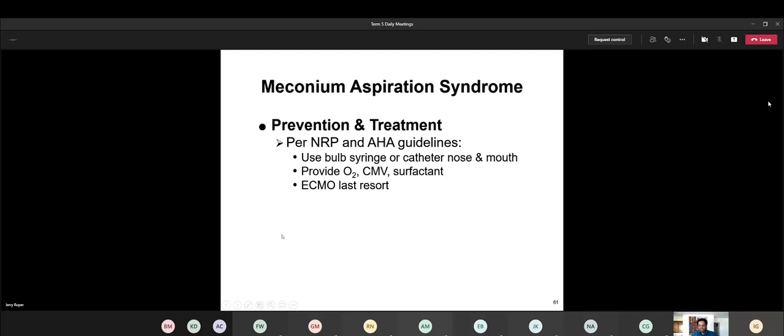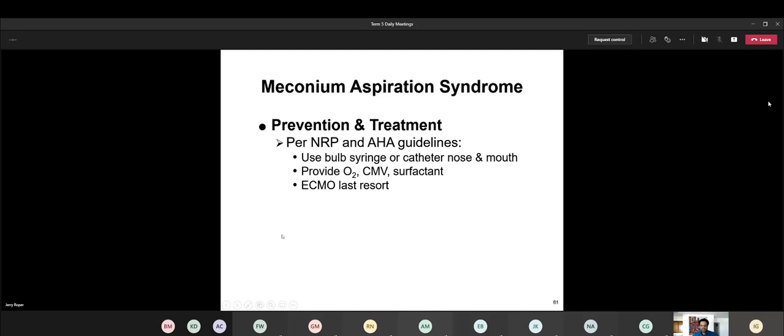And then we look at our guidelines and we say we take that bulb syringe and we try to do as good of a job as we can to get the meconium out. And then we just go through the rest of our routine as far as making sure they get enough oxygen. And if it's severe enough, you may have to intubate them and place them on the ventilator.